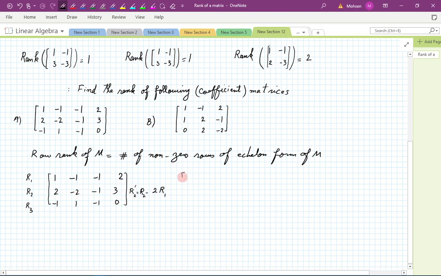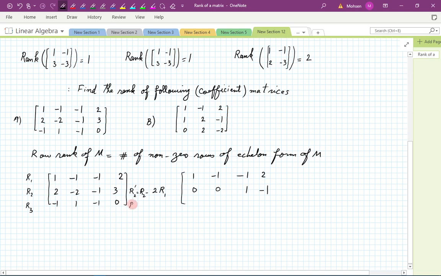So let me write it. 1 minus 1 minus 1 2. This entry minus twice that entry becomes 0, and in this case this entry minus twice that entry, that accidentally becomes 0. This one becomes 1, and this becomes minus 1.